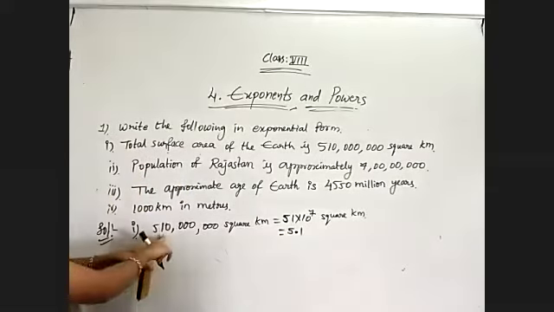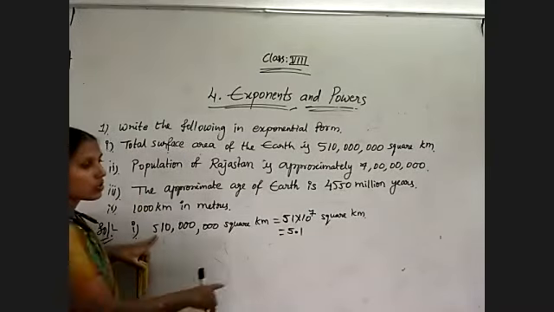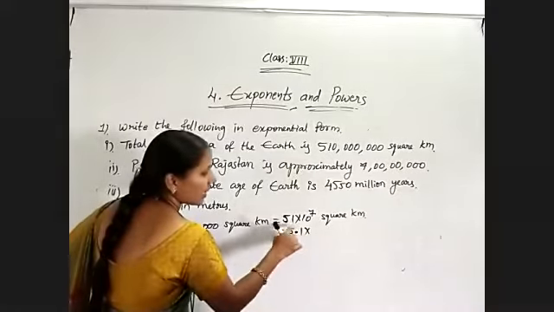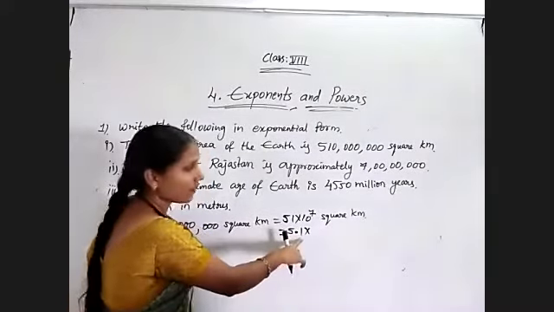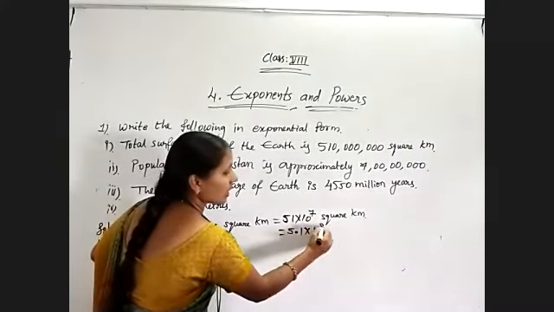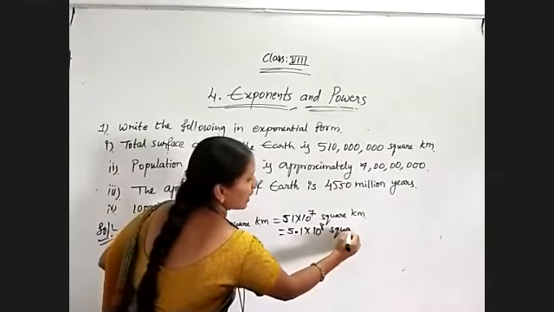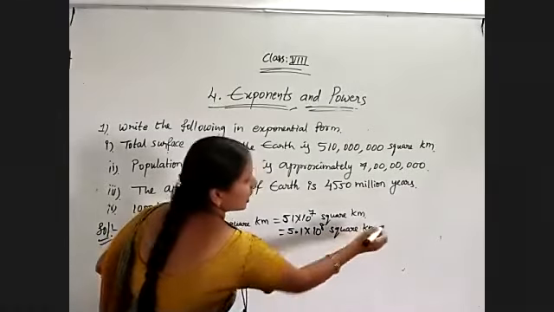Here only 2 digits are there, 51 only, so 5.1. How many decimal digits have I added now? Only 1. So this 7 will change to 8. 10 to the power of 8 square kilometers.